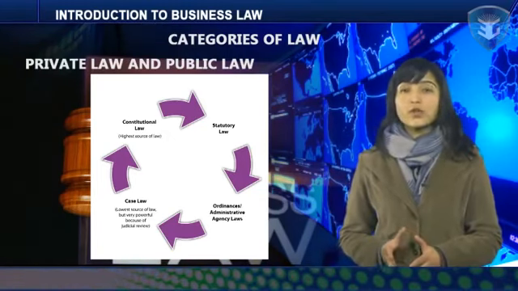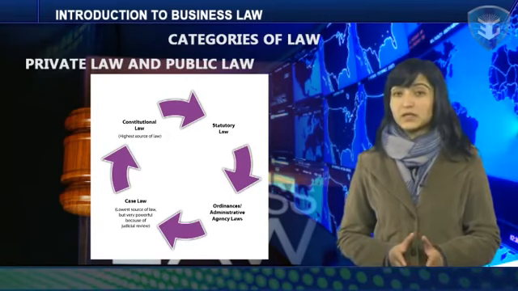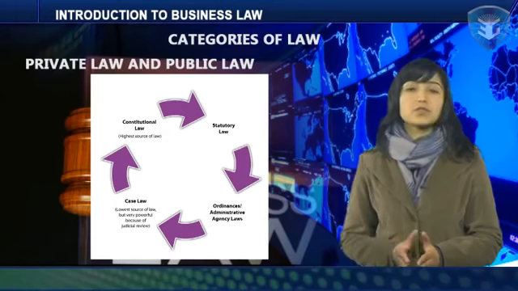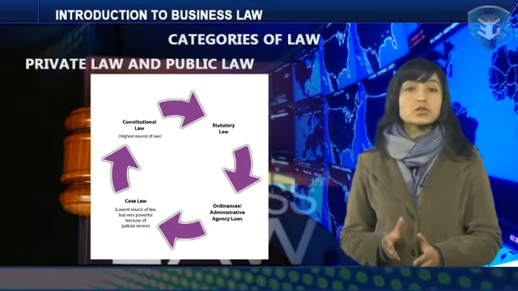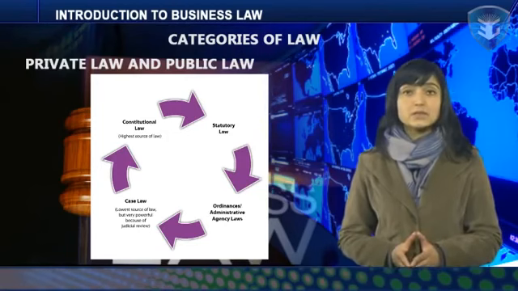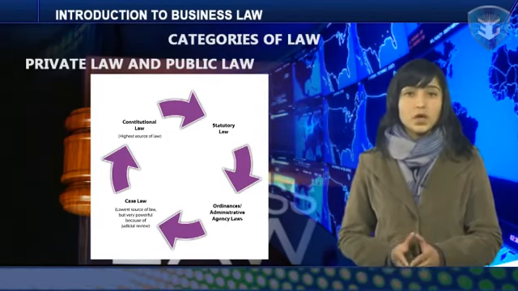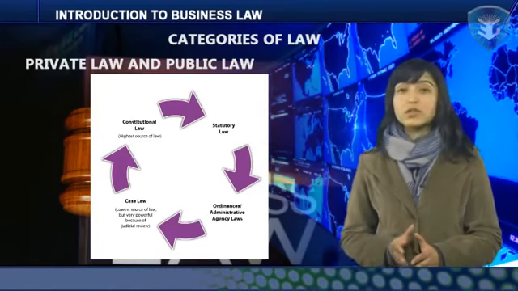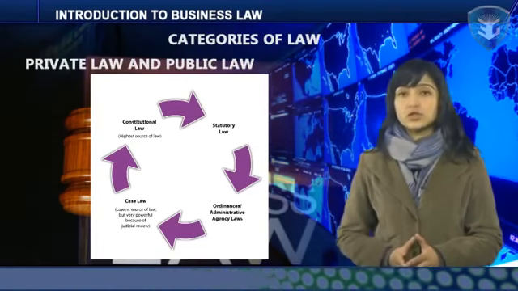One corollary of the divide is that matters located within the private sphere are seen as purely a matter for individuals themselves to regulate without the interference of the state, whose role is limited to the provision of the forum for deciding contentious issues and mechanisms for the enforcement of such decisions.